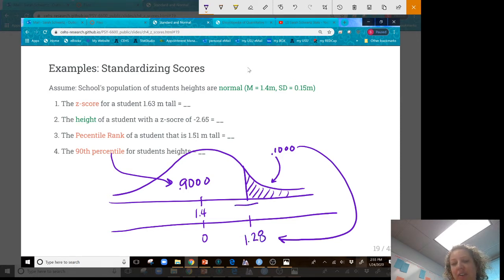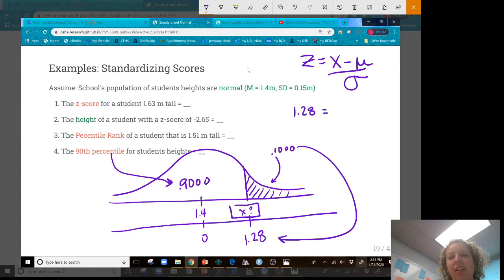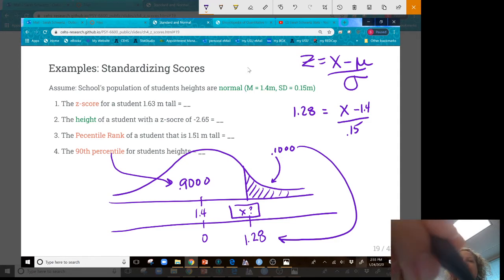So now we need to find what's our X. We can plug it into the formula, z equals x minus mu over sigma. So z is 1.28 equals x, which we don't know, minus our mean of the whole population, divided by the standard deviation.